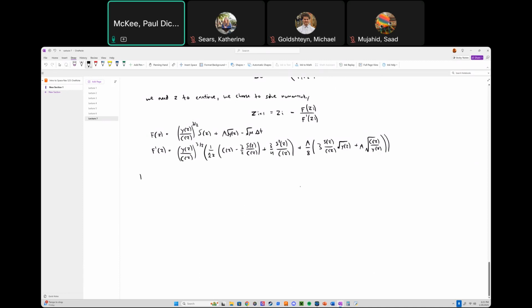So thus, our Lambert procedure is: Step 1, using R1 and R2, find delta theta and A. Step 2, assume that Z is some, we'll say Z naught, some small positive value.